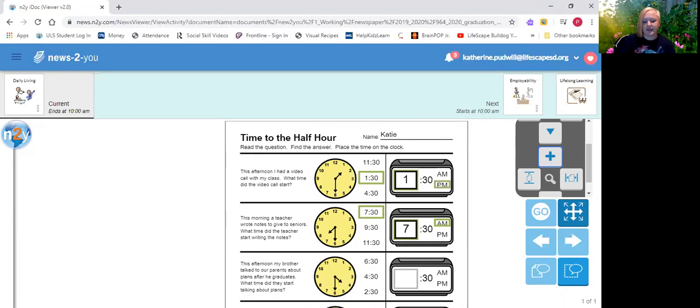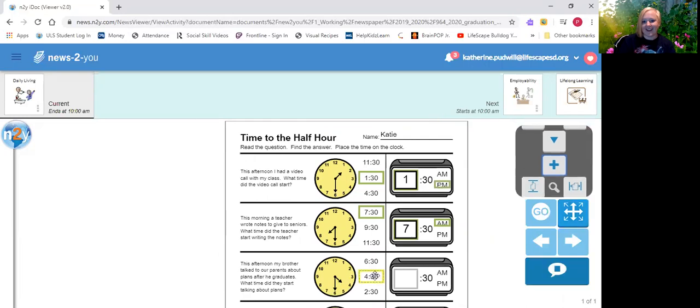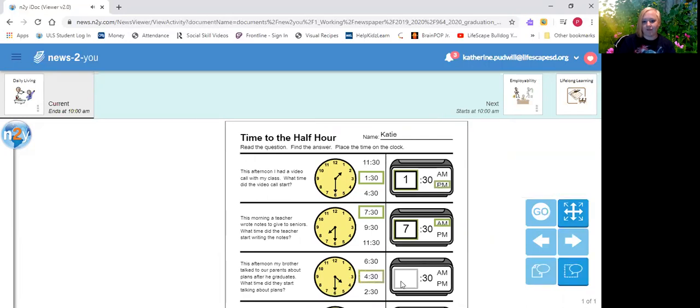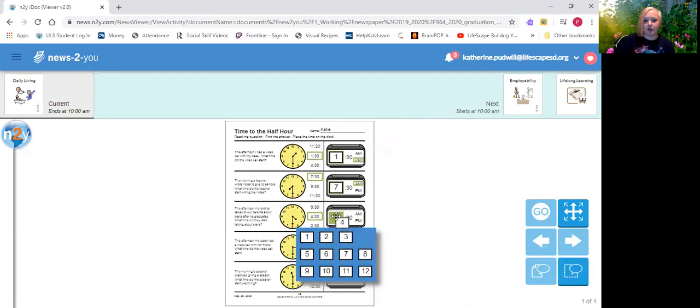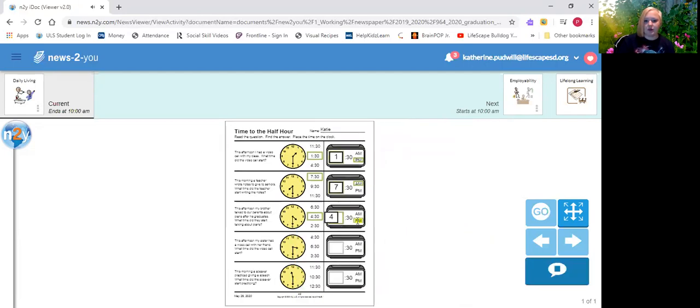The long hand is on the 6. And remember, with skip counting, that's half of the hour or 30 minutes. So what time did they start planning? That's right, at 4:30. And it was afternoon. And when we're afternoon, we say PM.